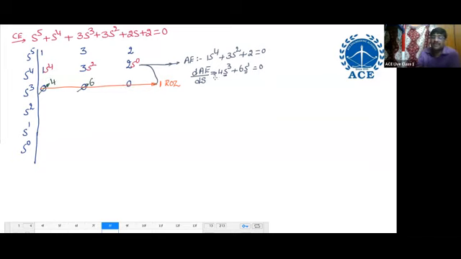That's all. So we get s power 3 coefficient 4, s power 1 coefficient 6. And continue the Routh stability.